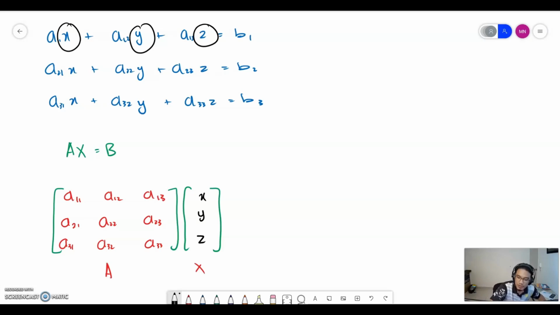If you multiply matrix A with matrix X, you will obtain back the three linear equations above. Then this will be equal to B, which comes from the right side of the linear equations, which is b1, b2, and b3. So now we have completely transformed three linear equations into matrix form, written as AX equal to B.